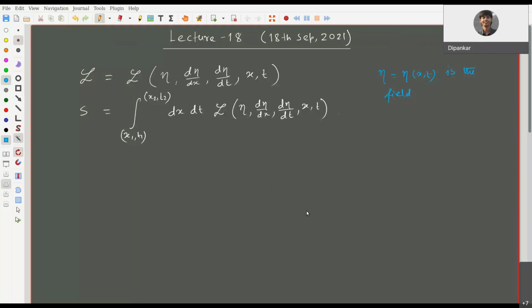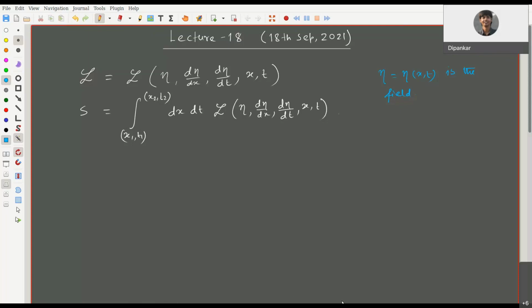All right. So as you can see, we will continue with classical field theory. In the previous class, we made a point that for mechanics of continuous media, we can define something called a Lagrangian density, from which we can find out the equation of motion for the field.